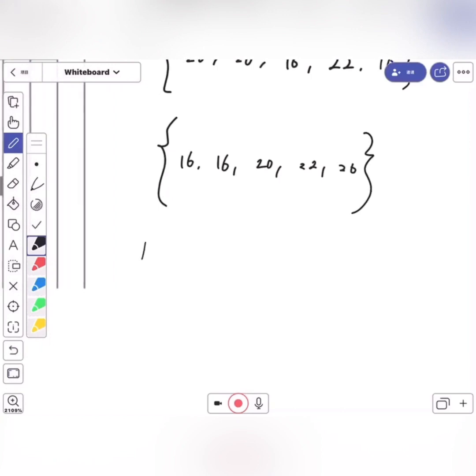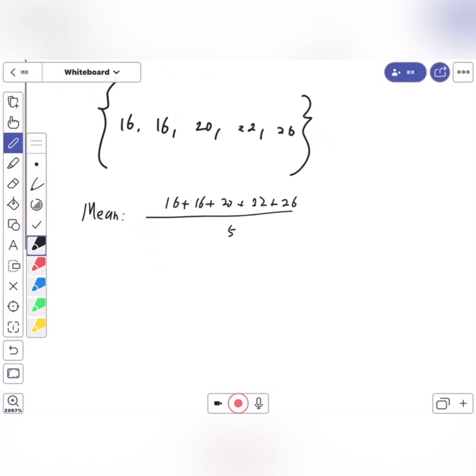So let's just calculate the mean first. So mean for our old data set is gonna be 16 plus 16 plus 20 plus 22 plus 26 over 5. Now let's find the new mean.